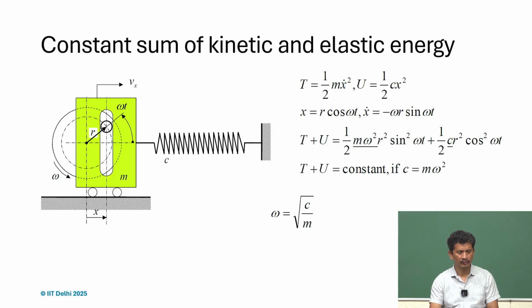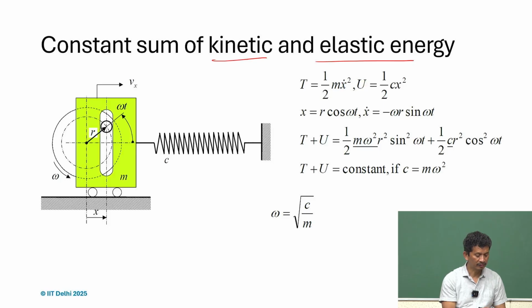Suppose we want a mechanism with a constant sum of kinetic and elastic potential energy. We can couple them, like we can put these two in a similar way. We have the spring with stiffness C, and the mass is rotating, and because of that this is reciprocating with the speed Vx.